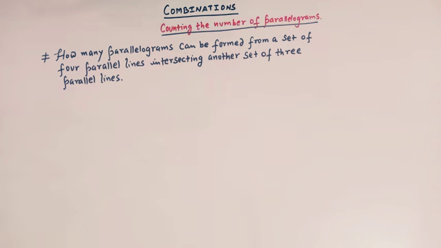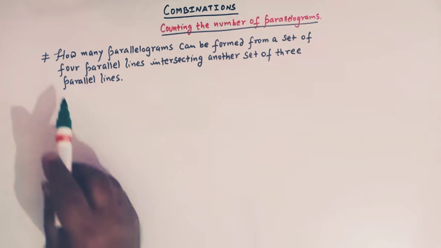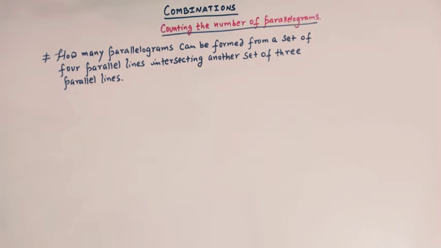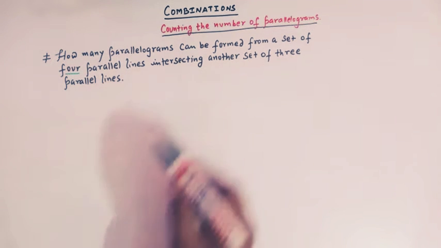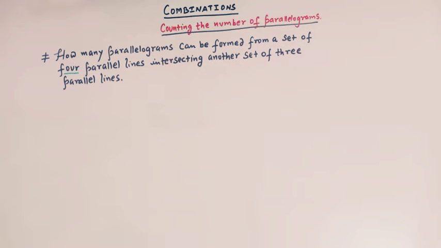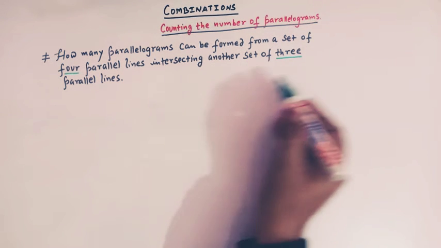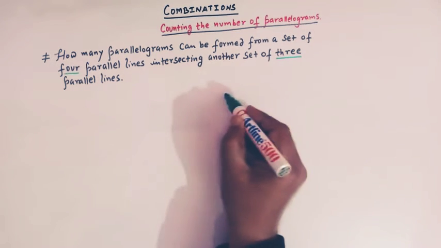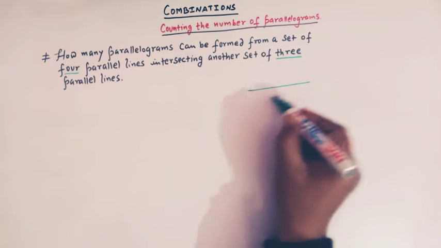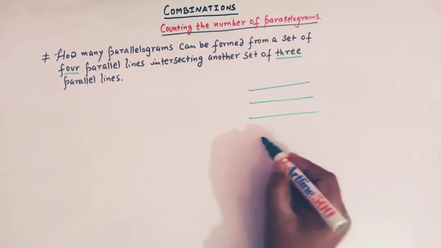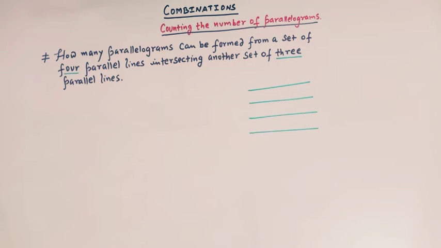So the problem goes like this: how many parallelograms can be formed from a set of 4 parallel lines intersecting another set of 3 parallel lines? Here I am drawing a rough diagram, and here we have a set of 4 parallel lines.